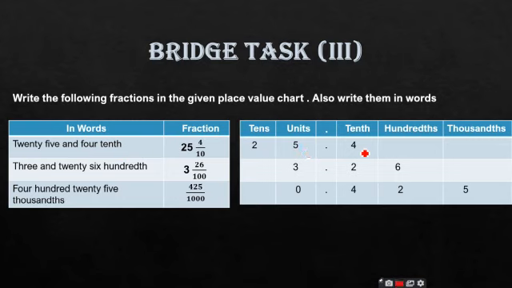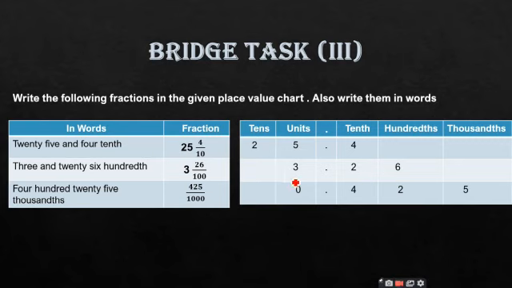First one is 25.4, so we have 25 in the whole part, so we write 25 whole, and for the decimal point we always write "and". So 25 and we have 4 in the tenth place, so we write 4 tenth. Second one we have 3.26, so we write 3, and we write "and" for the point, and then 26 we can write as 2 tenths 6 hundredths, but we can also write 26 hundredths.